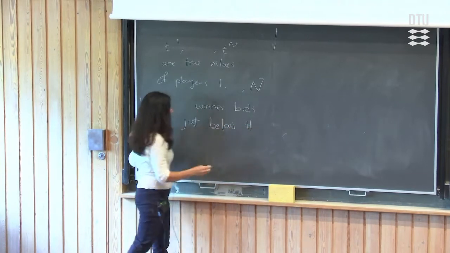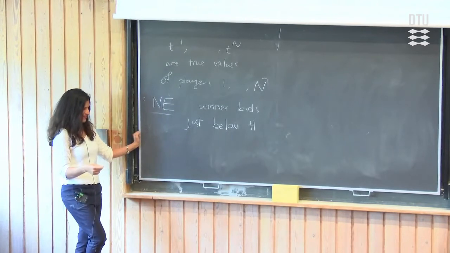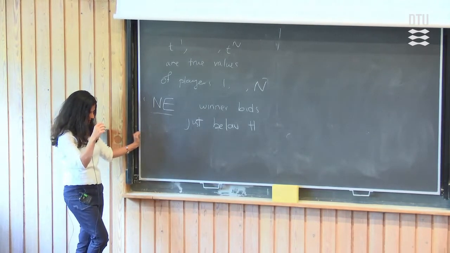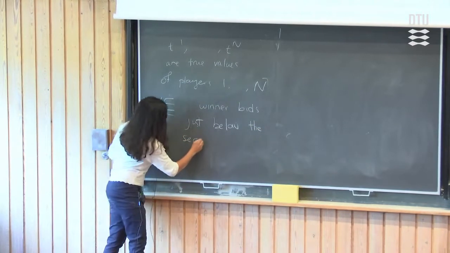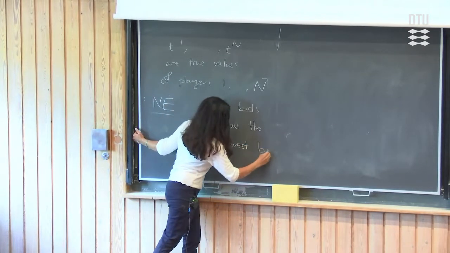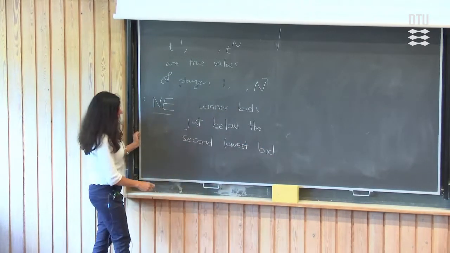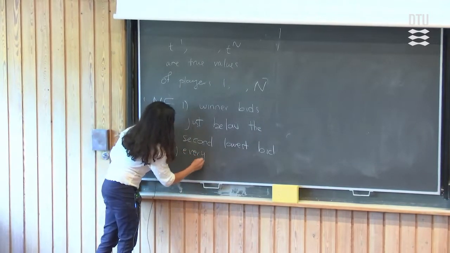No, wait. I'm always confusing forward and reverse auction. So let's say we are procuring electricity, so we take the lowest bid. The winner bids just below the second lowest bid, and everybody else bids truthfully.